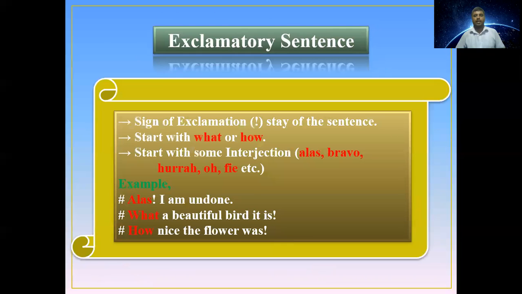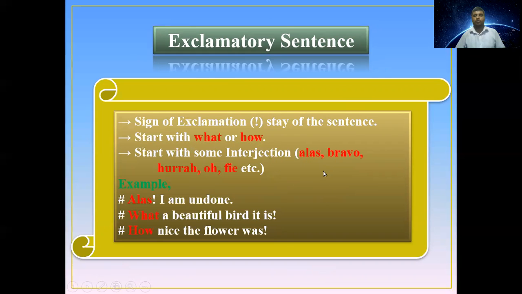So my dear student, the last sentence is exclamatory sentence. Now I am giving you a short description of it. The sign of exclamation is at the end of the sentence. It starts with what or how, or with some interjection.